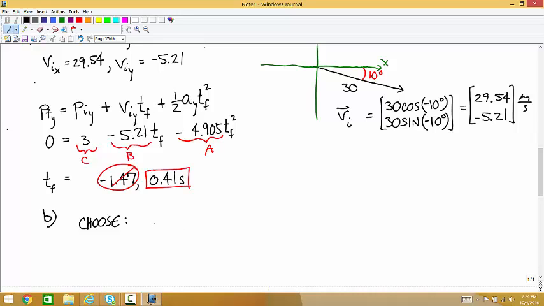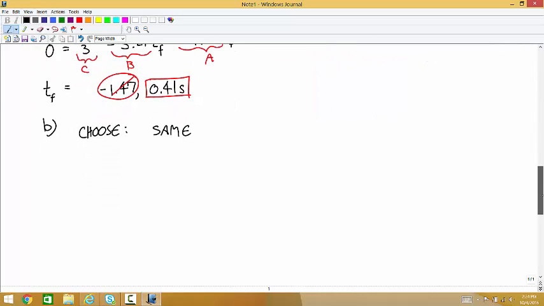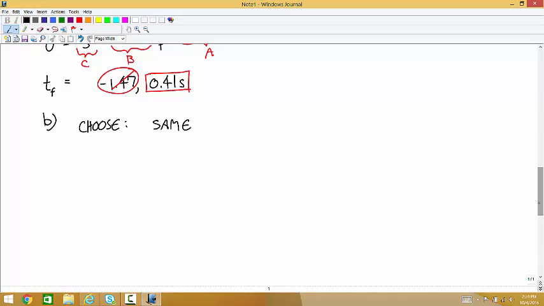Nope. So we'll keep those all the same. And if we keep all of those the same, then all of the values we knew before stay the same. So we still know all the old ones. Those values don't change. And now we also know that TF is 0.41 seconds.